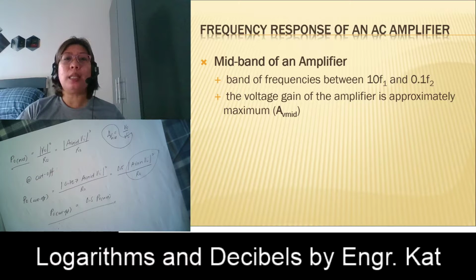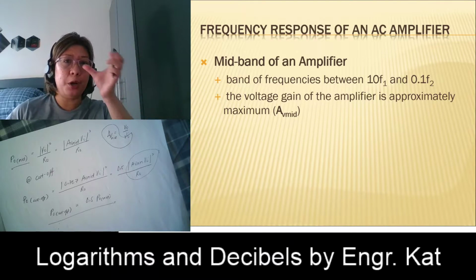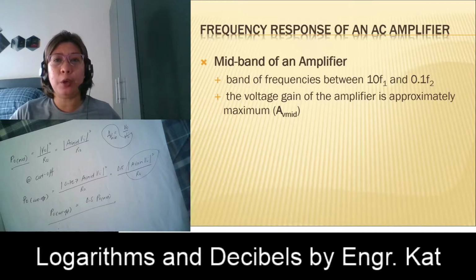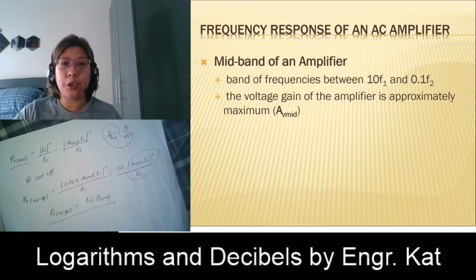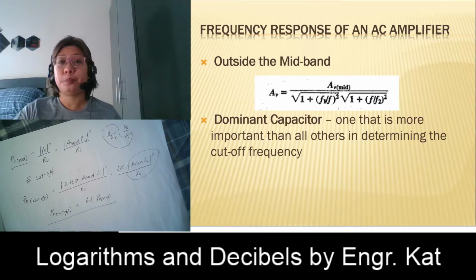Okay, so at mid-band of an amplifier, these are the band of frequencies between 10 times F1 and 0.1 of F2. The voltage gain of the amplifier is approximately maximum, and that is your AV mid. So this is what we solved in our previous topic.